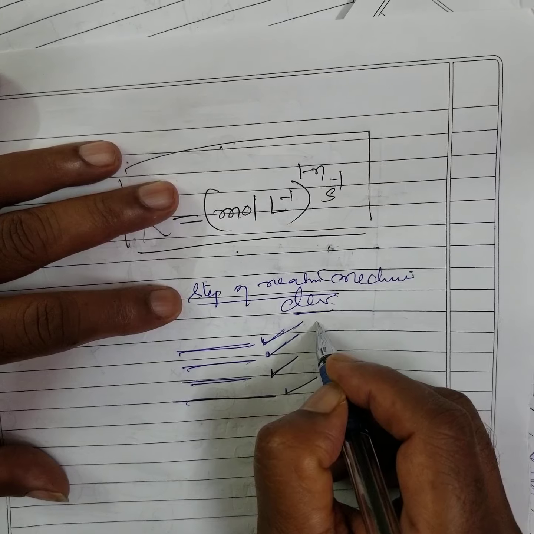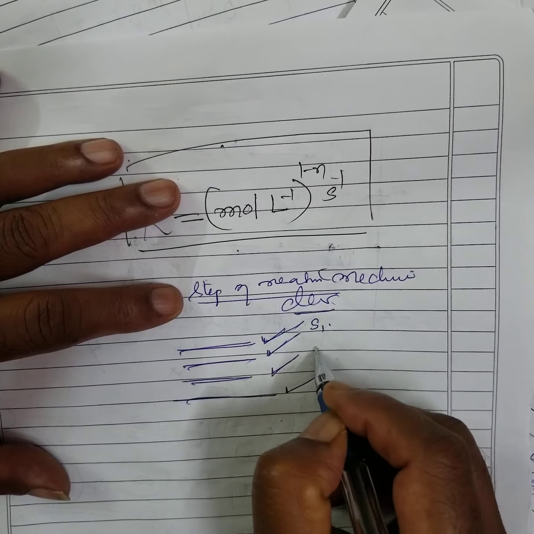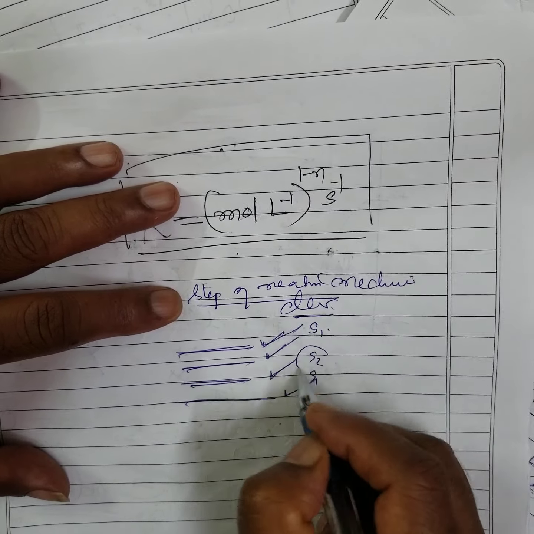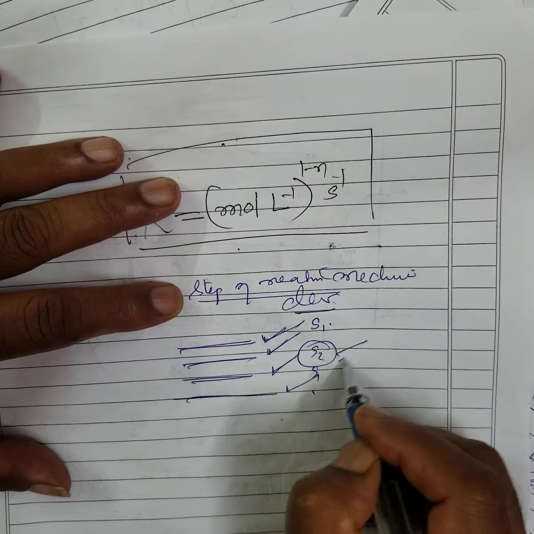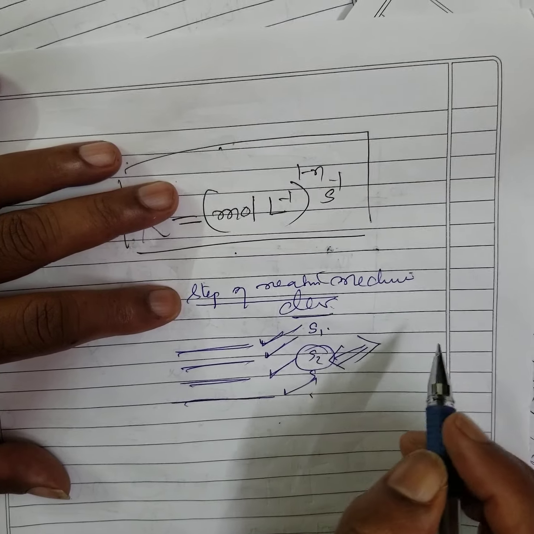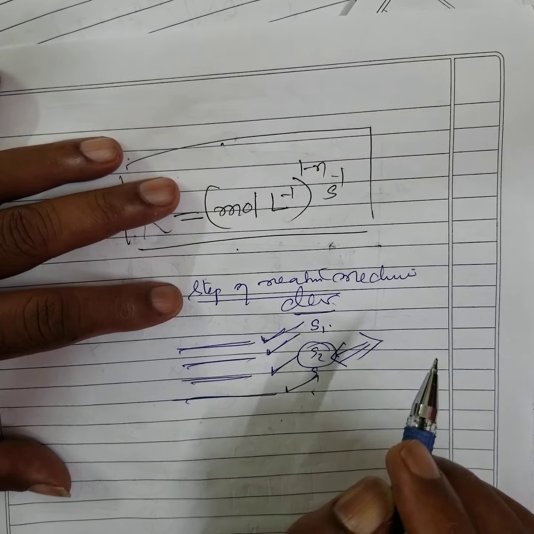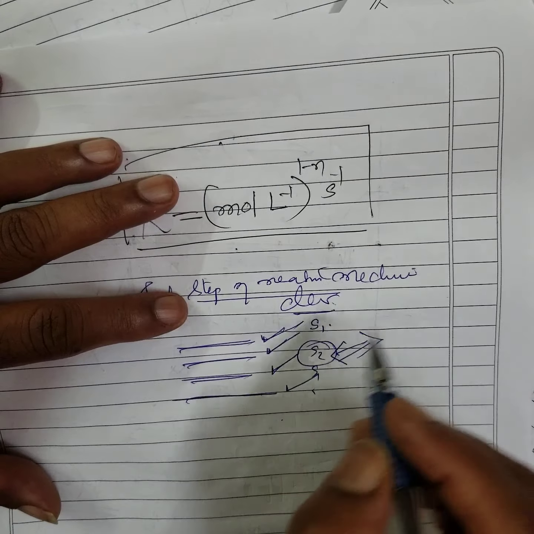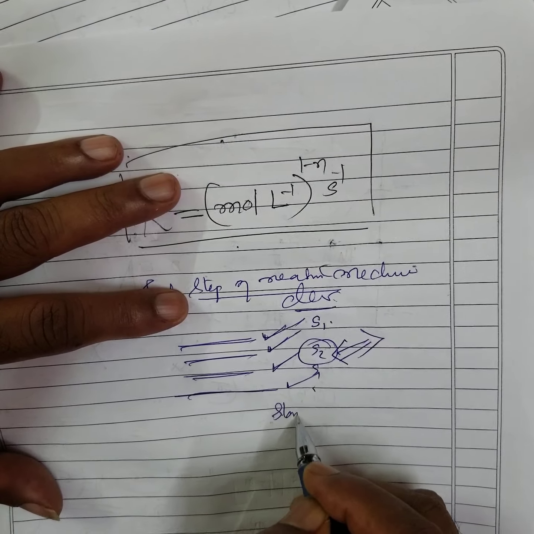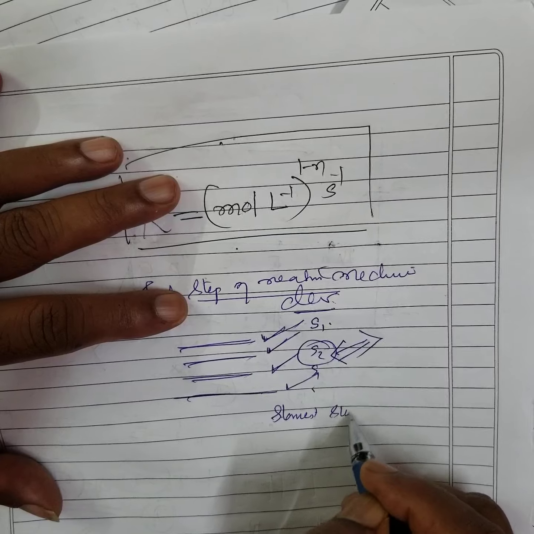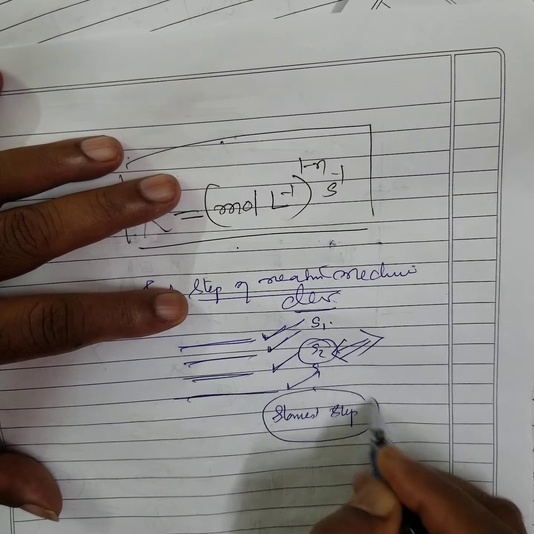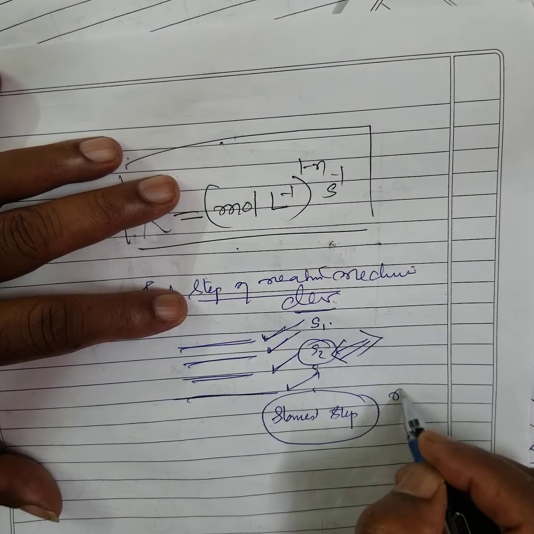The speeds are speed 1, speed 2, speed 3, speed 4. This is the slowest reaction. The slowest reaction only decides the order of the reaction. Therefore, remember, the slowest step decides the reaction mechanism.